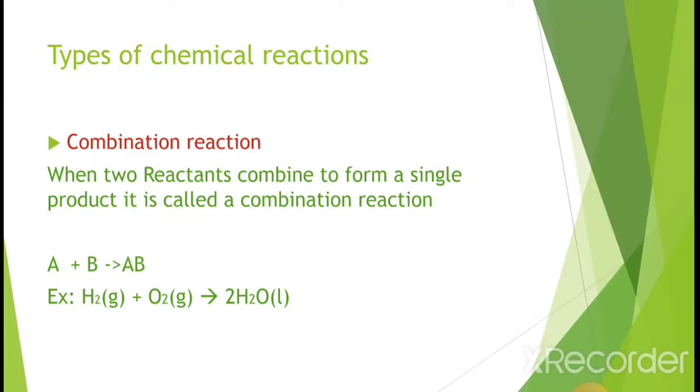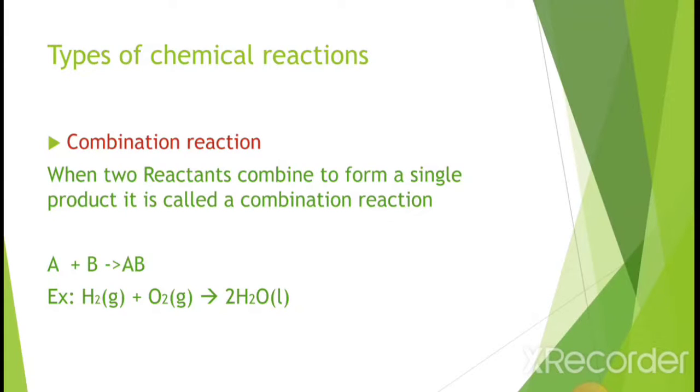So here is one example: hydrogen plus oxygen gives water. Here hydrogen, a different element, and oxygen, a different element, combine to form water. So here I have balanced it. No, I have not balanced it.